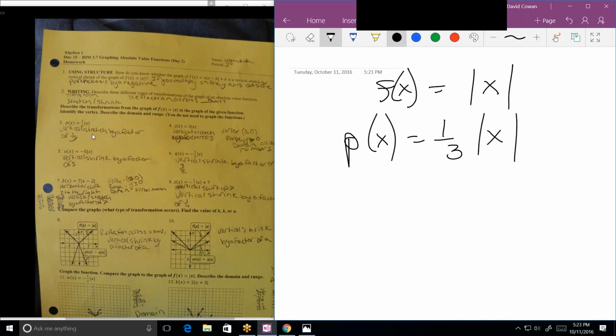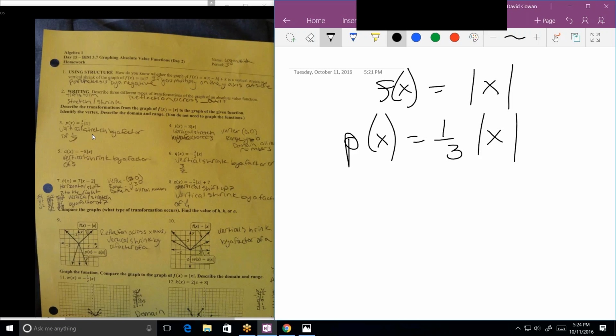Whenever you see a negative sign adjustment, it's a reflection. It's either a reflection over the x-axis, which is vertical, or a reflection over the y-axis, which is horizontal. So what is this? It's a reflection over the y-axis. No. Outside the function that makes it vertical. Remember, everything outside the function is vertical. Everything inside the absolute value, any changes going on? Yeah, but y-axis is vertical.